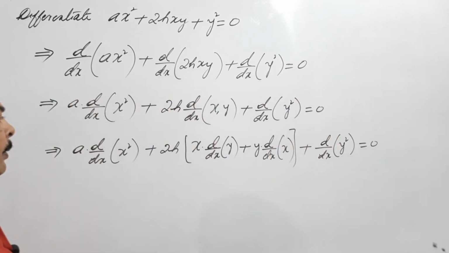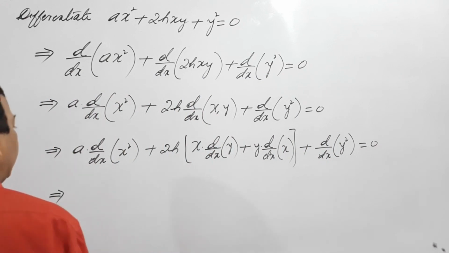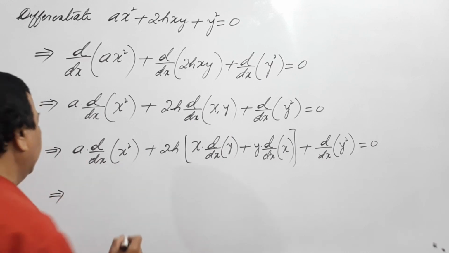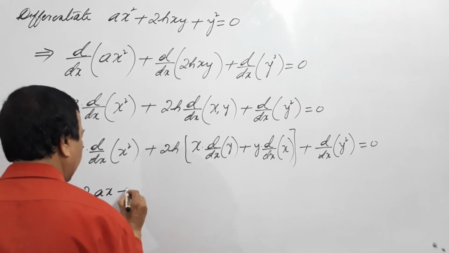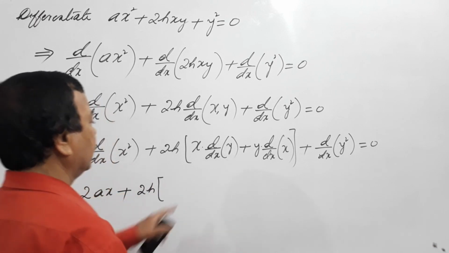So now we are able to differentiate this. If we differentiate x square, it becomes 2x. So 2x into a, 2ax, plus 2h, I'll keep as it is.